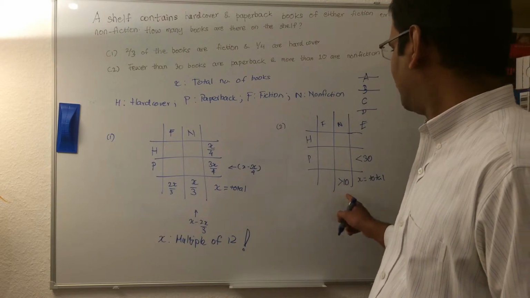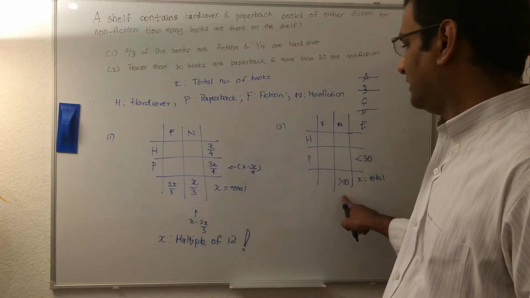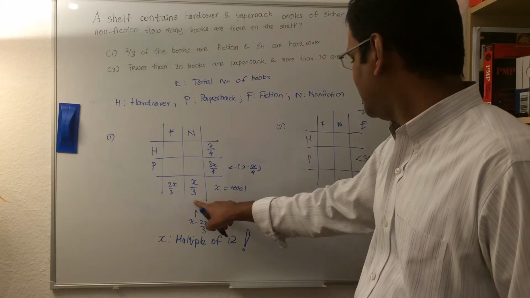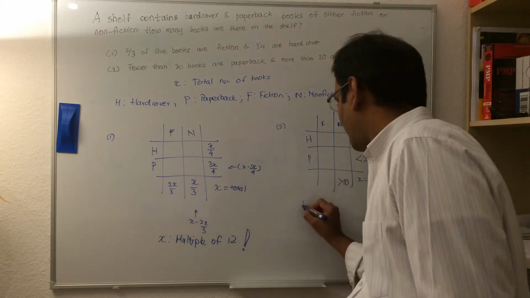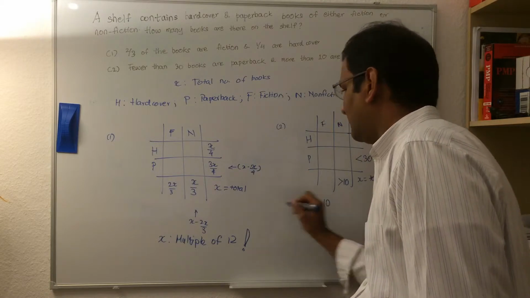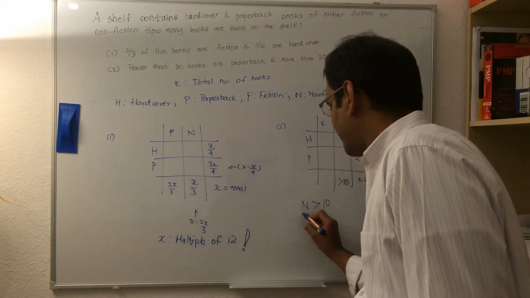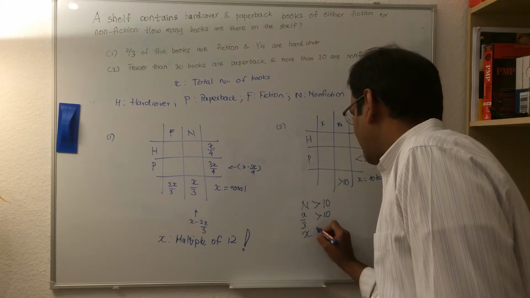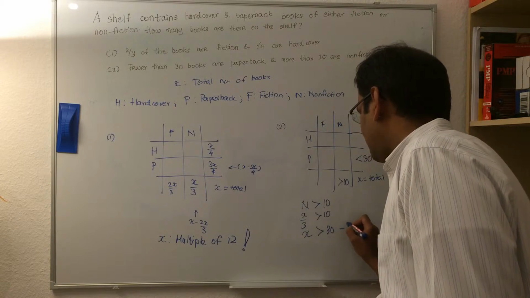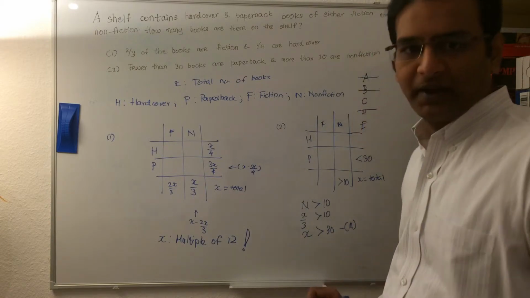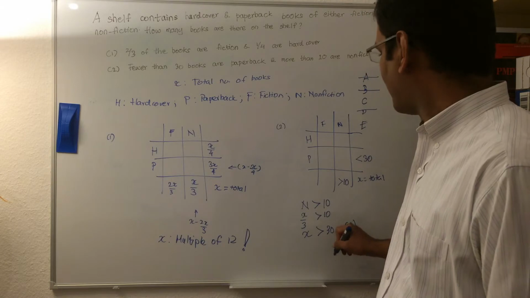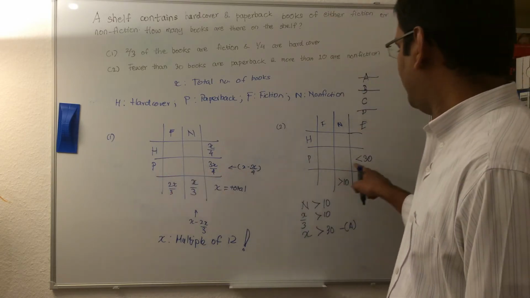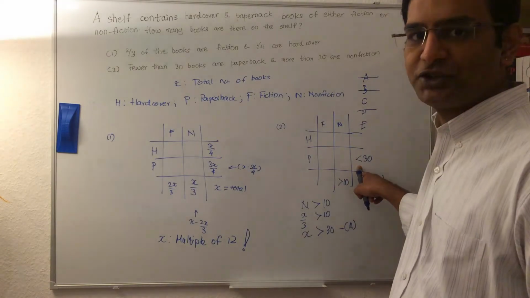So let us look at both the tables together. So we know that the number of non-fiction books represented by x over 3 should be greater than 10. The non-fiction books represented by x over 3 should be greater than 10, or x should be greater than 30. Let us mark it as inference A. Similarly, looking at the number of paperback books, we know that the total number of paperback books has to be less than 30.